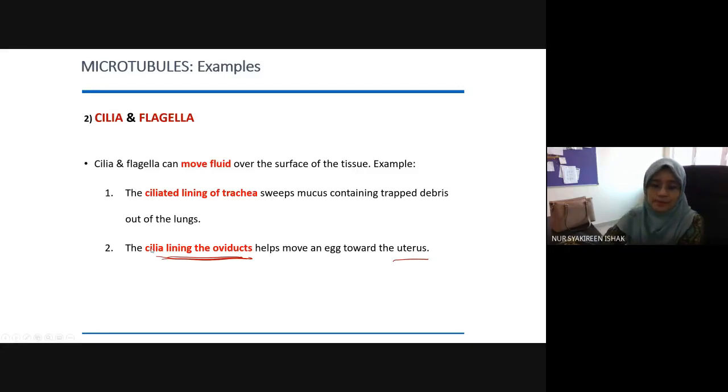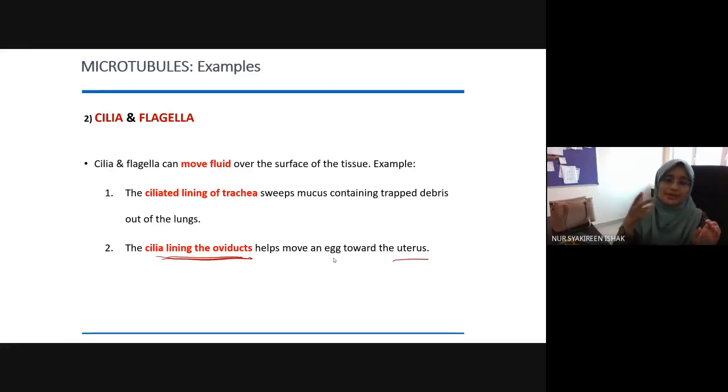Another place where you can find cilia is the cells that line the fallopian tube or oviducts. What is the benefit of having cilia that line the oviduct? It is to help the egg, the ovum or the secondary oocyte, reach the uterus. The ovary releases the secondary oocyte, kan? So dia akan lalu melalui oviduct, dia akan pergi kepada uterus.